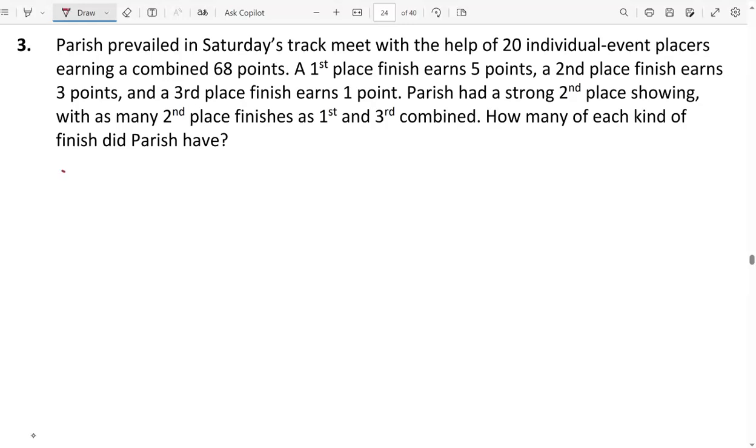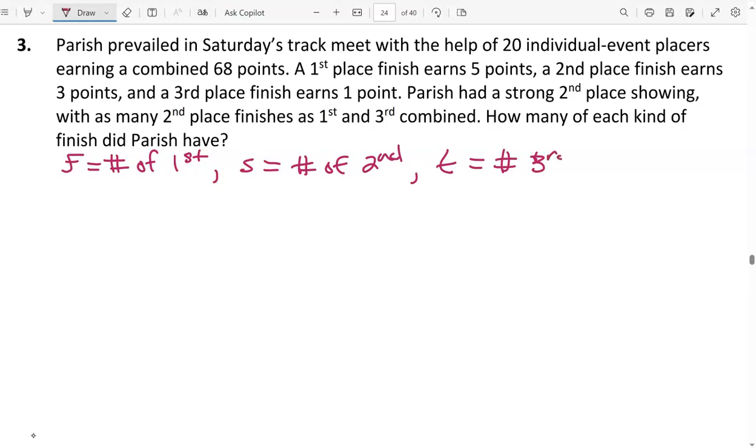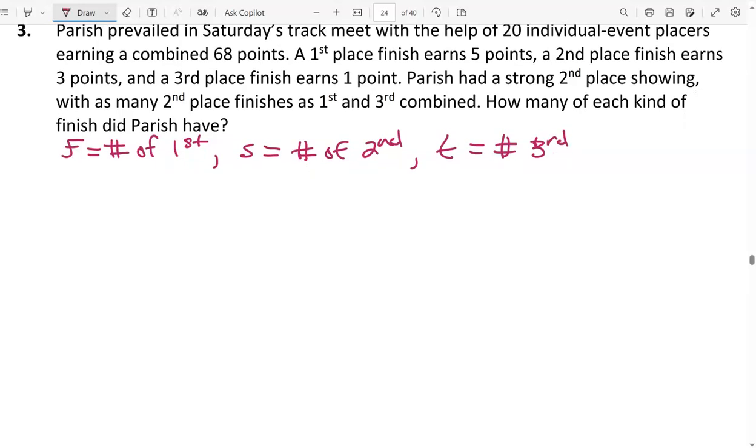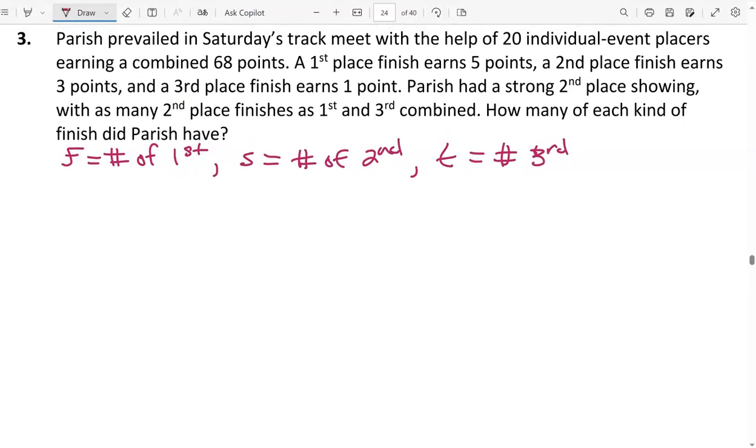So I'm going to let F equal the number of first place finishes, S equal the number of second place finishes, and T equal the number of third place finishes. So what we know is that there are a total of 20 individual event placers.